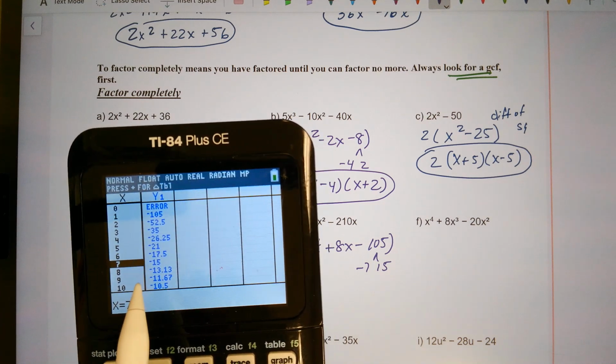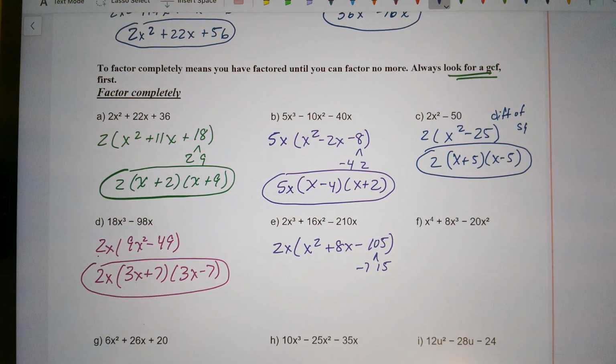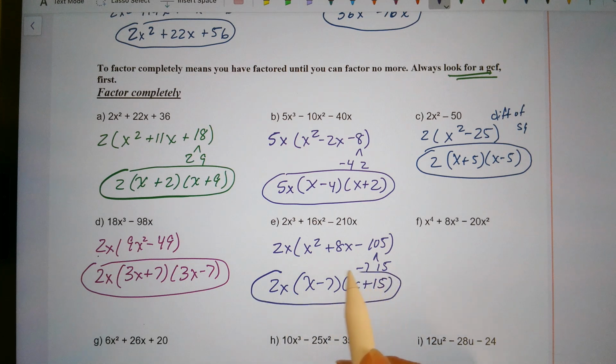That's going to sum to a negative 8. We want a positive 8, so just switch those signs. Okay, so we have x minus 7 times x plus 15, and the GCF 2x. And this does not factor further.